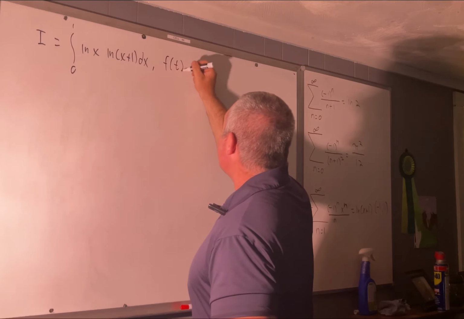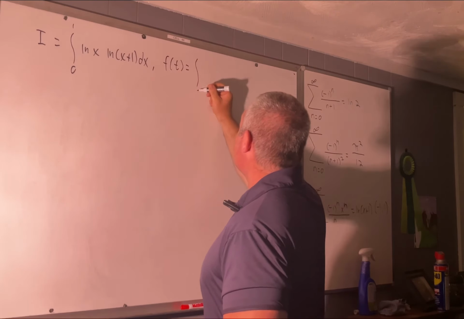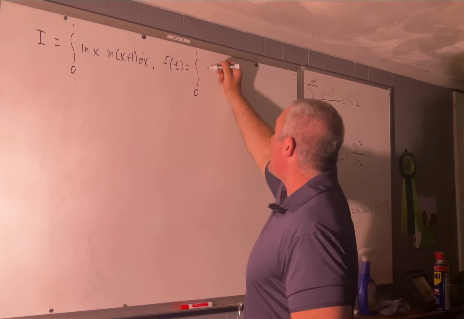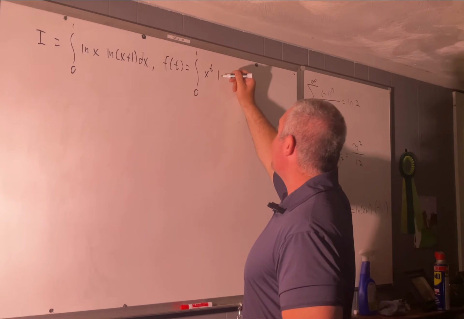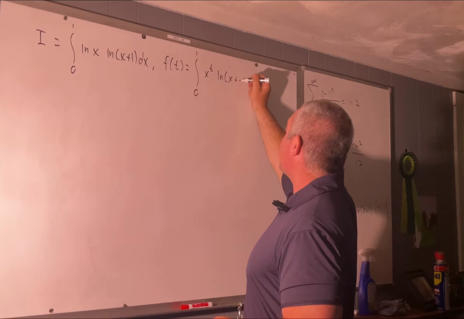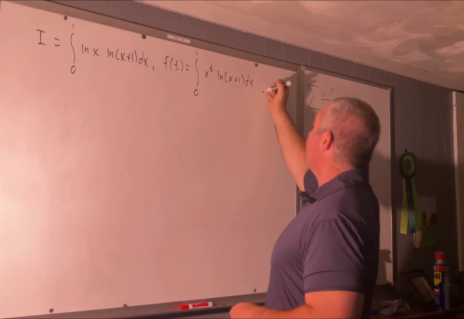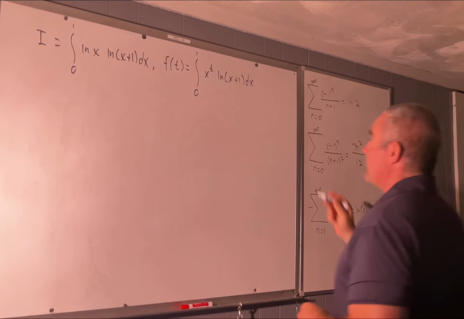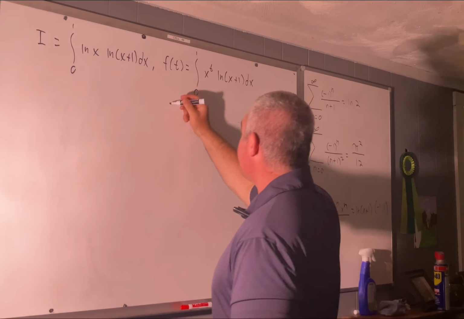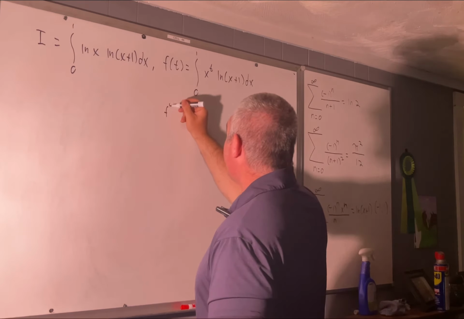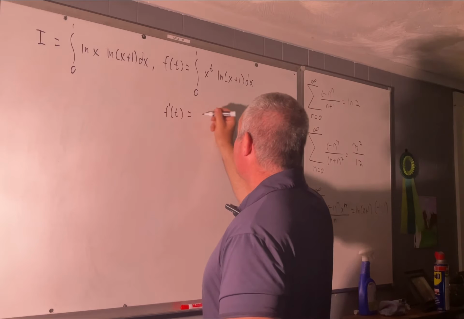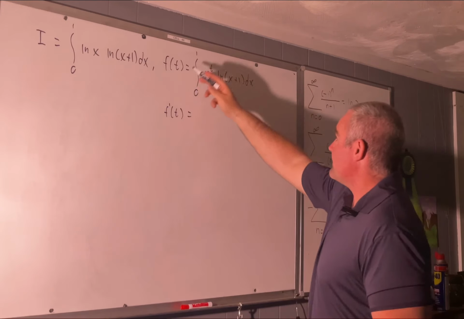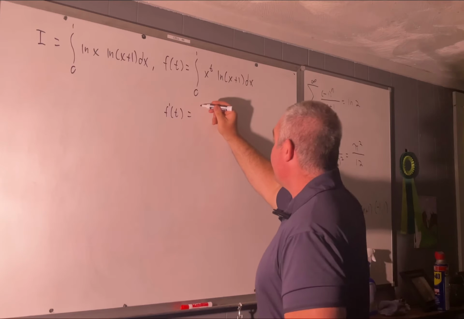Let's make f of t a function equal to the integral from 0 to 1 of x to the t times the natural log of x plus 1 dx. All right, well that doesn't help us directly, but if we took a derivative with respect to t, we'd get f prime of t, and you use the Leibniz rule for differentiation under the integral sign here.